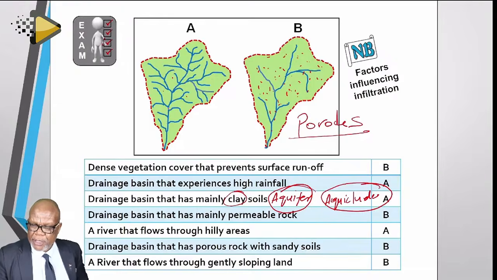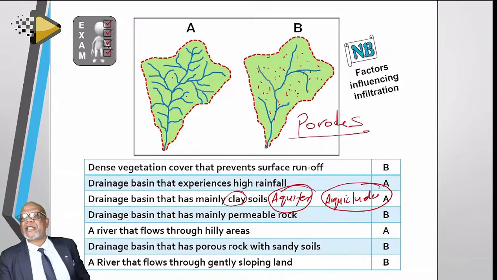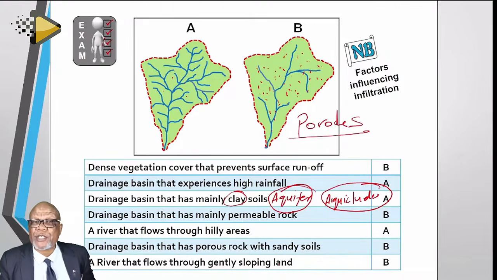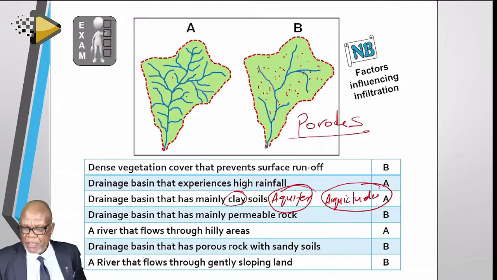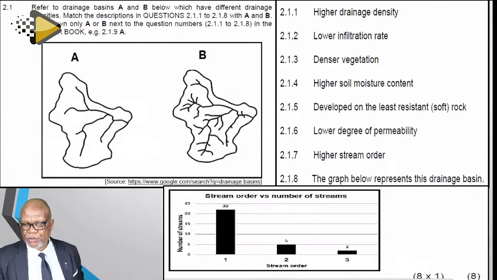A river flows through gently sloping land. River B is flowing on gently sloping land, so there is more infiltration because of the gentle gradient, less runoff, and therefore low drainage density.